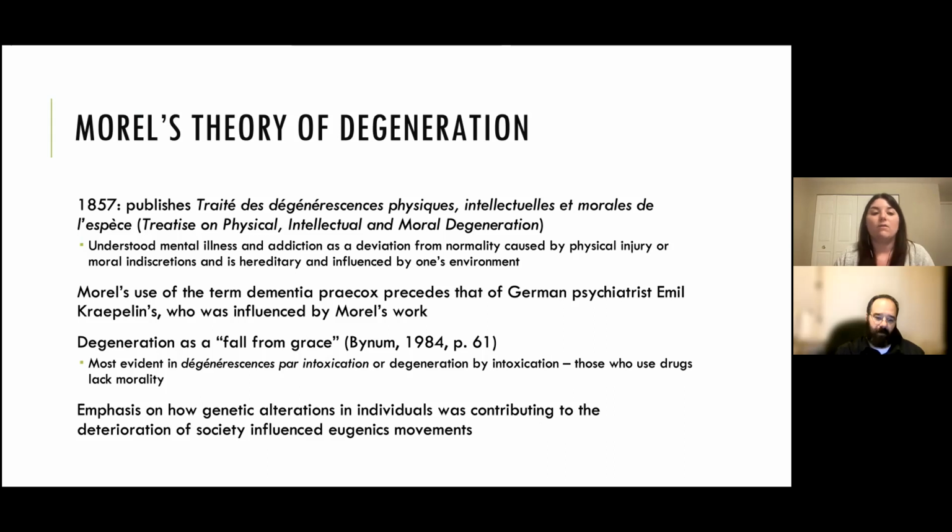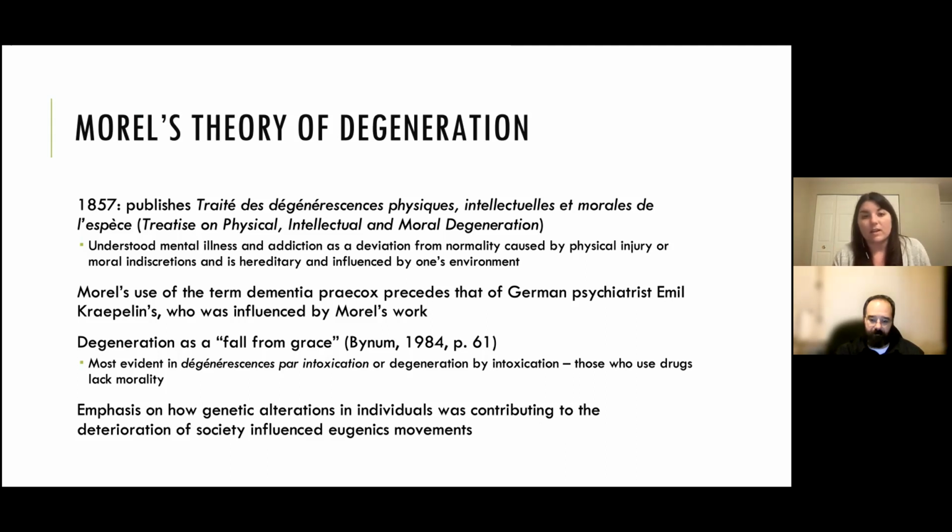Morel believed that degeneration would be passed along the family line, leading each new generation to become more and more degenerative, eventually culminating in family members becoming totally sterile and ultimately leading to the total destruction of family trees over time, which is an idea that we'll return to.